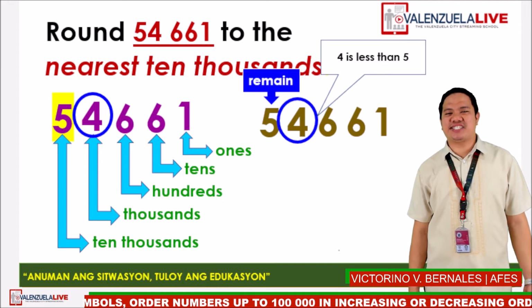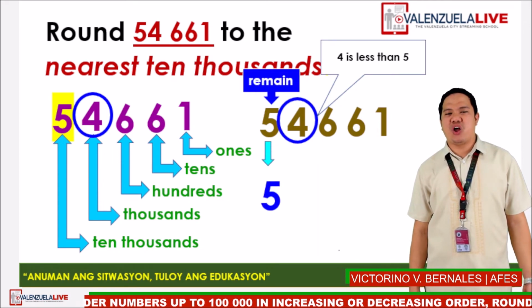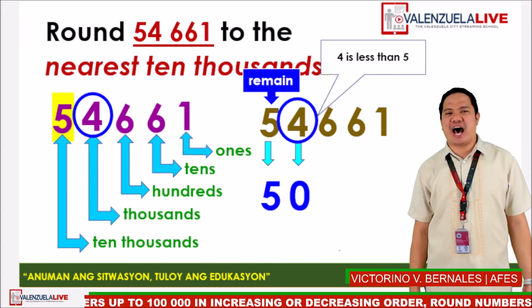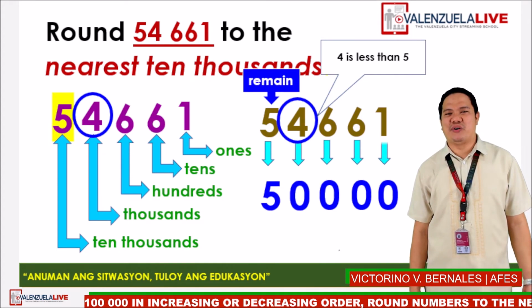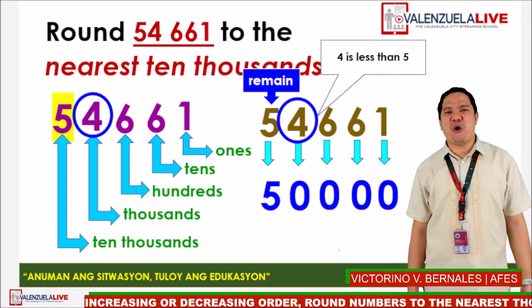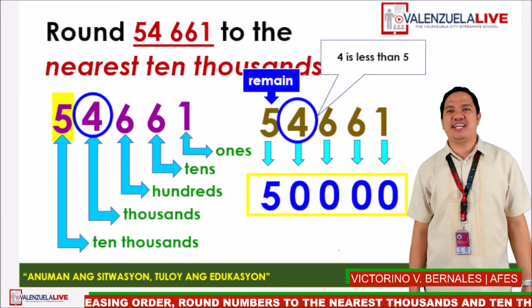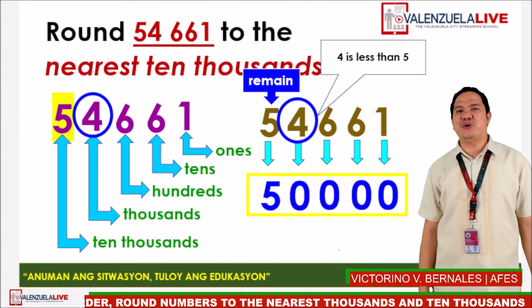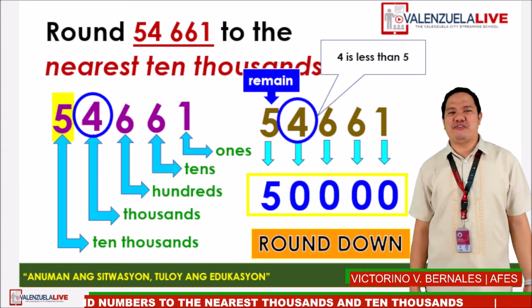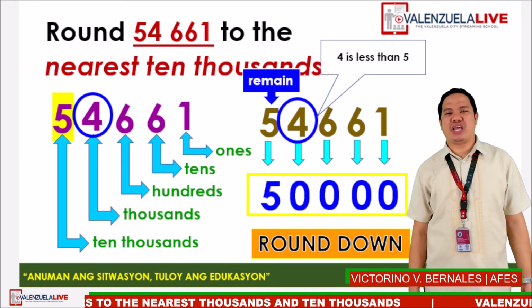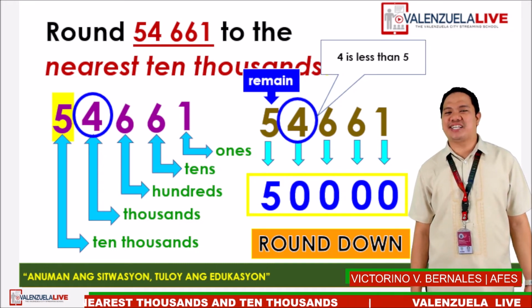Then replace all the digits at the right of the rounding digit by 0. Therefore, 54,661 is rounded down to 50,000. Now let's have our last example.